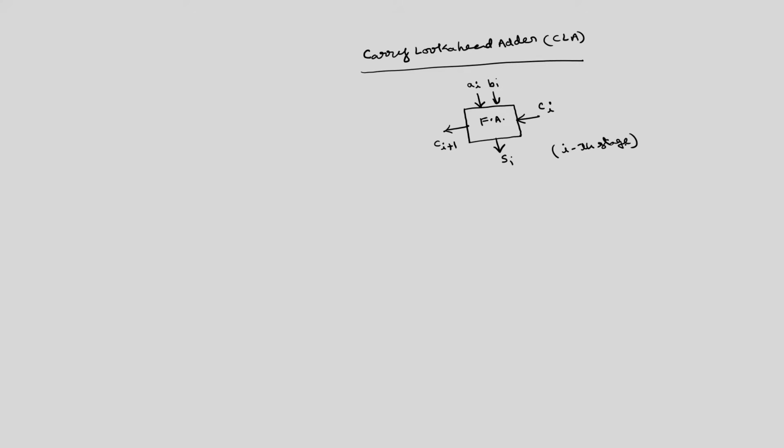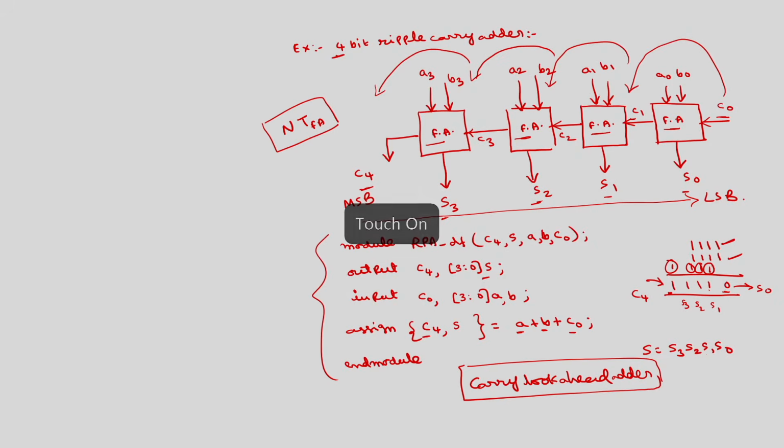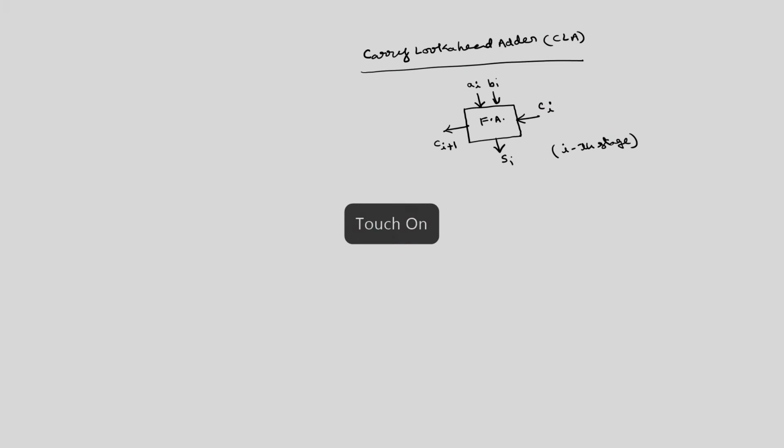You can see this from the previous one also. For the 0th stage, the inputs are A0, B0, the output is S0, the input is C0, and the output is C1. For the first stage, these are 1, 1, 1, 1, and this is 2. Like that, for the ith stage, this is Ci, Ai, Bi, Si, Ci plus 1.